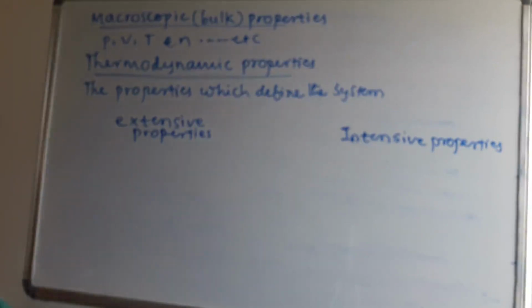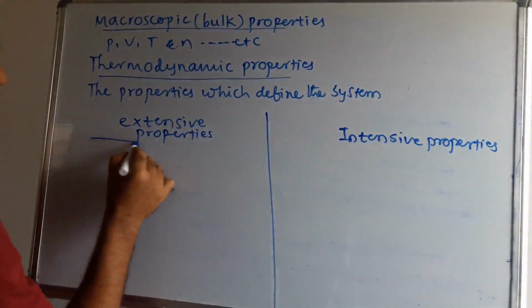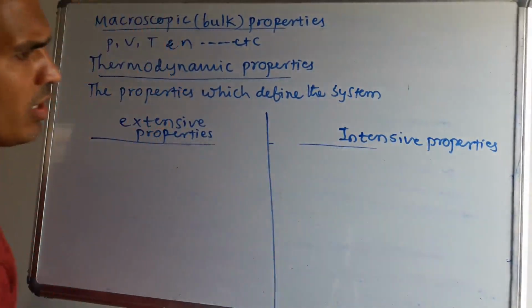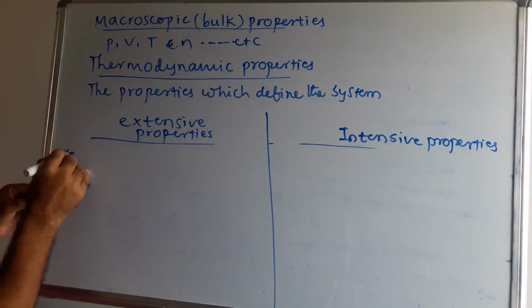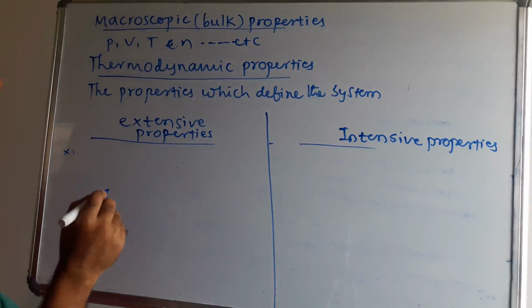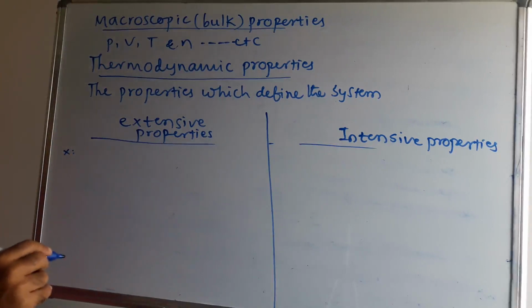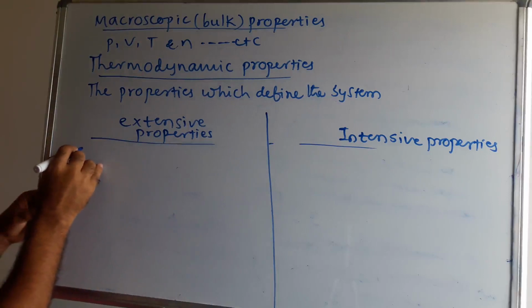So these are very important for competitive exam purposes and also for board exam purposes. Extensive property means the properties whose value depends on the quantity or size of the matter present in the system. So I will write the definition.